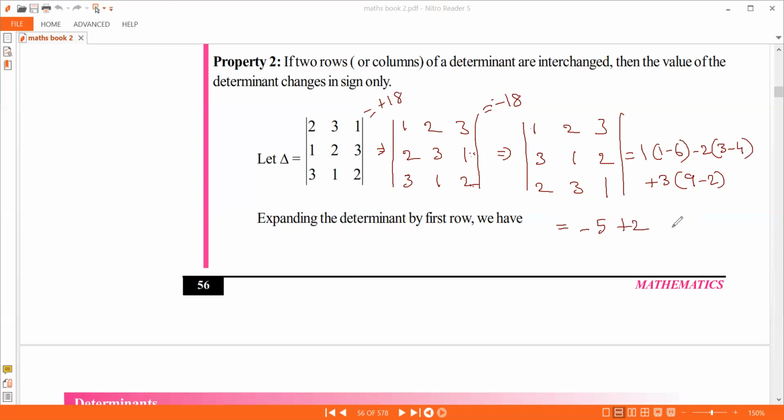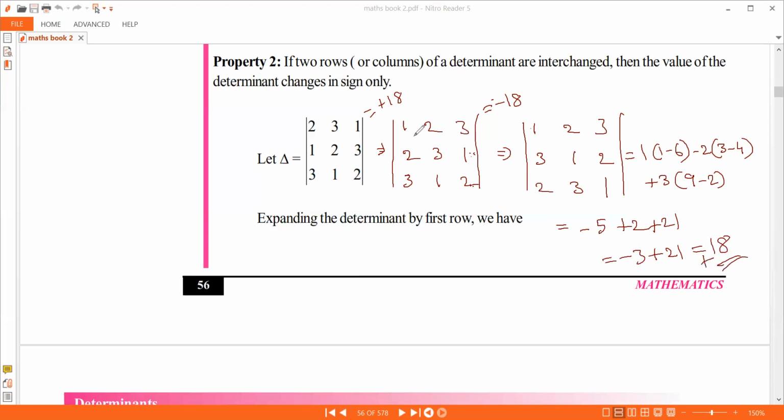Very good, plus 2. And 9 minus 2 is 7, and it will be 21. So minus 3 plus 21, that is 18. You see, for the double swap, you got the same thing once again.